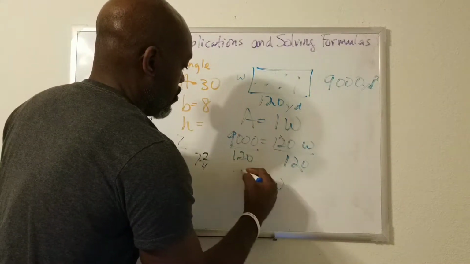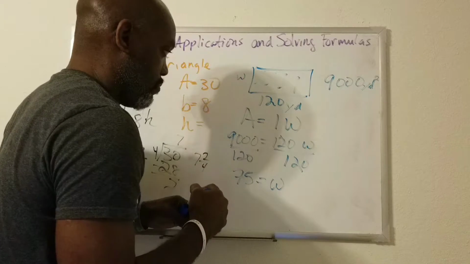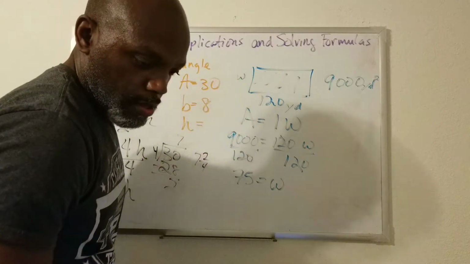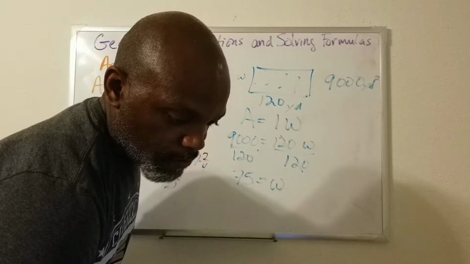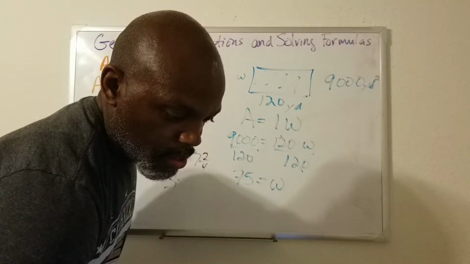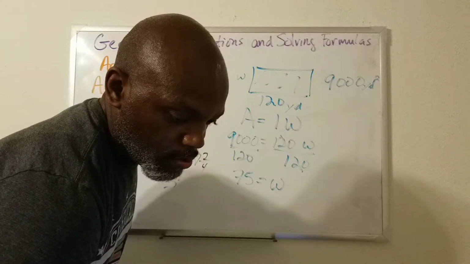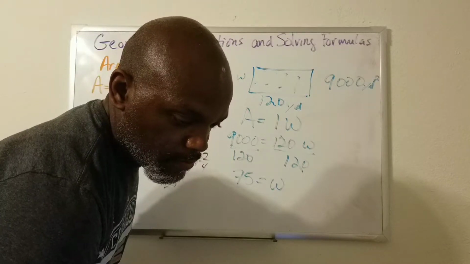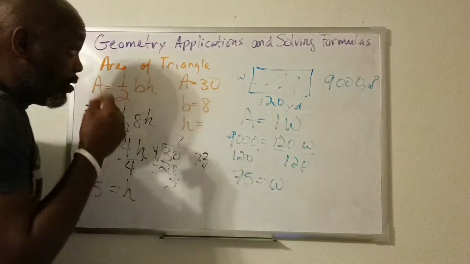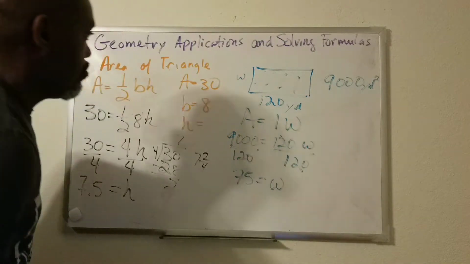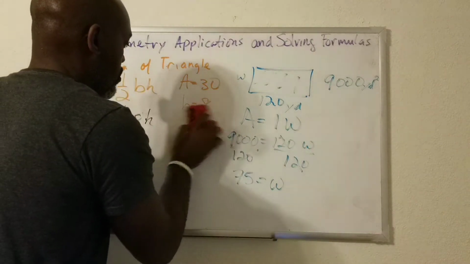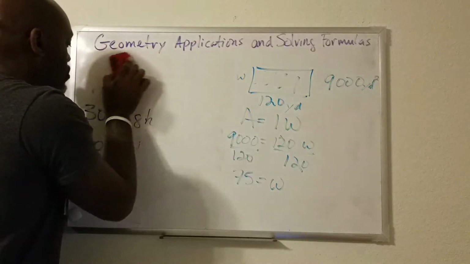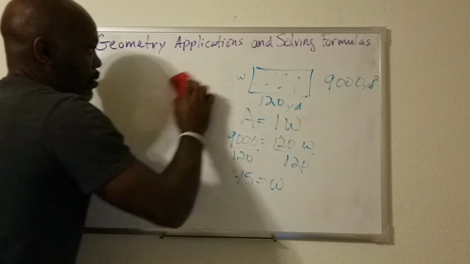W equals 75. So the width would be 75 yards. And if you multiply them together, you should get 9,000. All right, so that's what we were working on. Working on geometry, working on word problems, putting together geometry word problems.